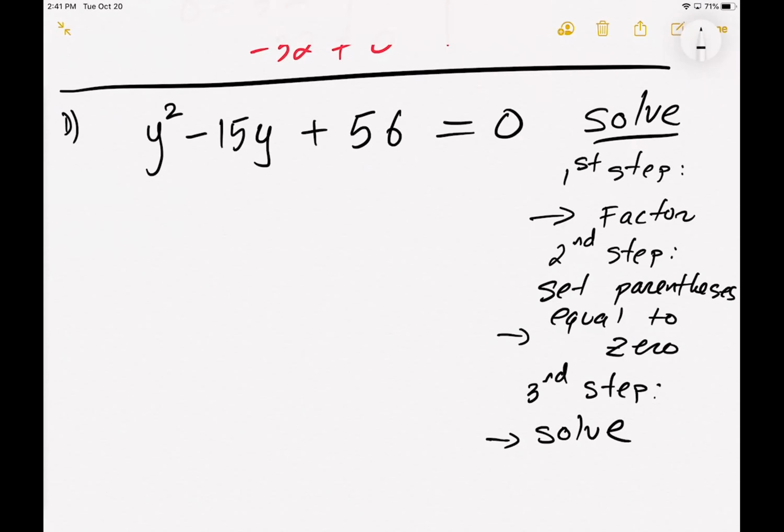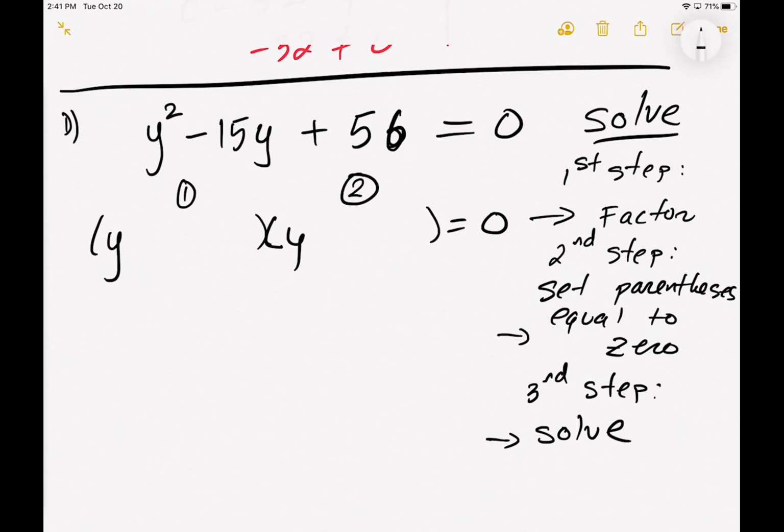This is 56, right? So do you agree that we put a y in one parenthesis and a y in the other parenthesis? We have two parentheses, the first and the second. So what two numbers multiply to give you 56, but add together to give you 15?